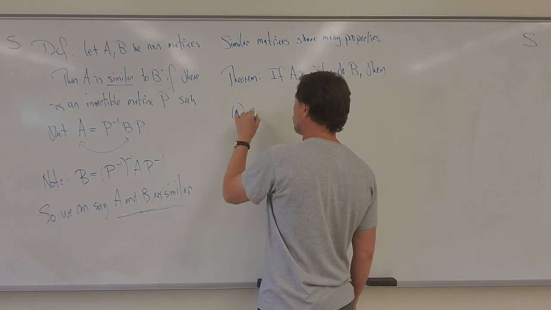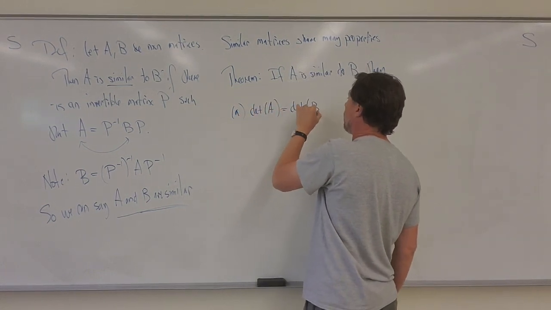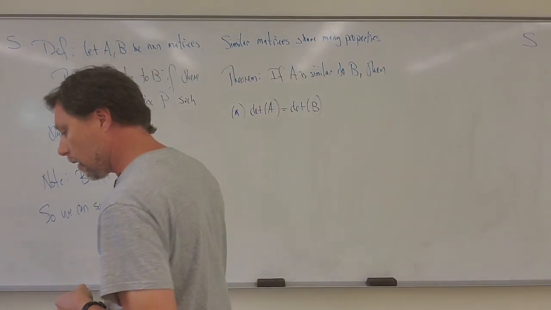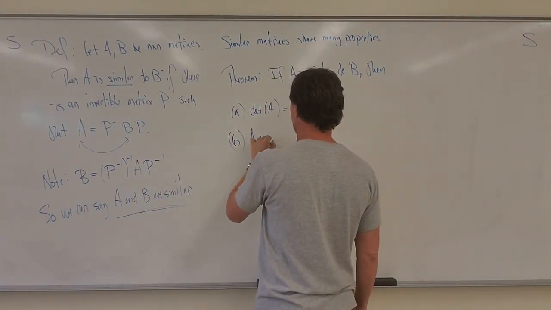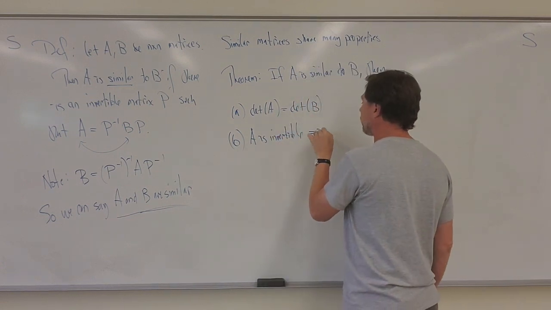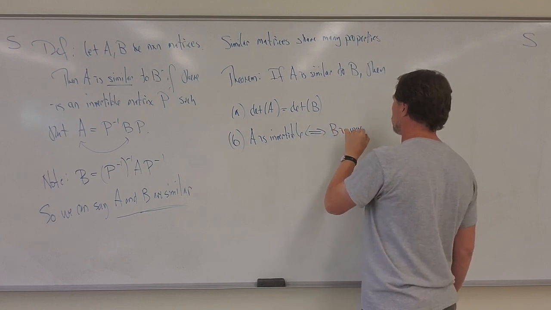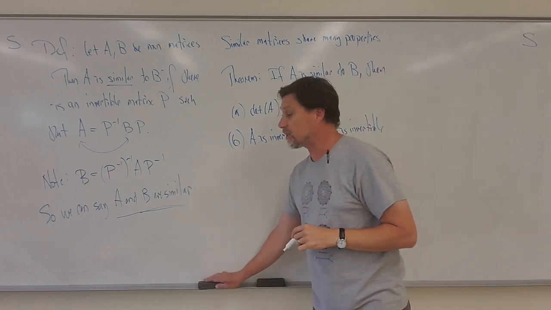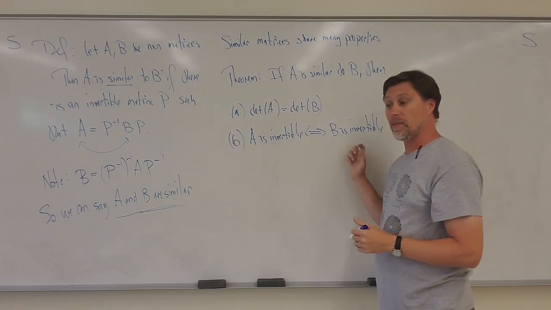The first thing that's true: the determinant of A is equal to the determinant of B. So similar matrices have the same determinant. Part B: A is invertible if and only if B is invertible. So similar matrices are either both invertible or both non-invertible. If A is invertible, then B is.